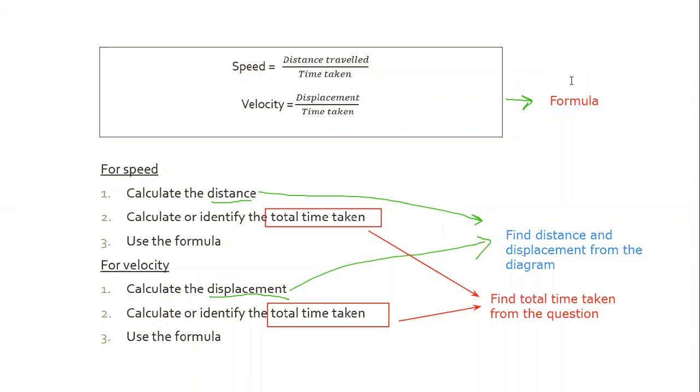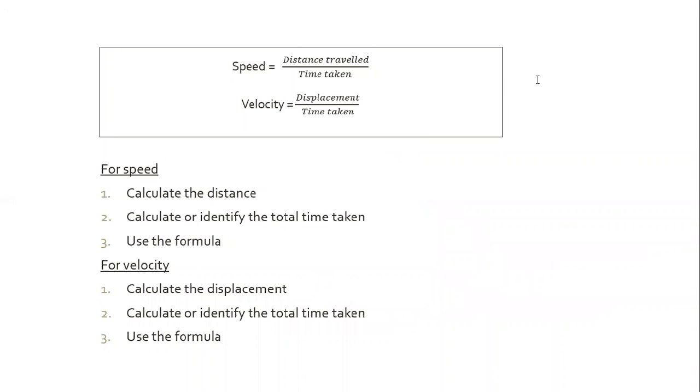So you calculate the distance and the displacement from the diagram, that is the first step for speed and velocity, and calculate the total time taken from the question. We will understand this more from examples. And what is given at the top are two formulas. You have to remember these formulas for the exam. Now let's see our first example to understand this better.